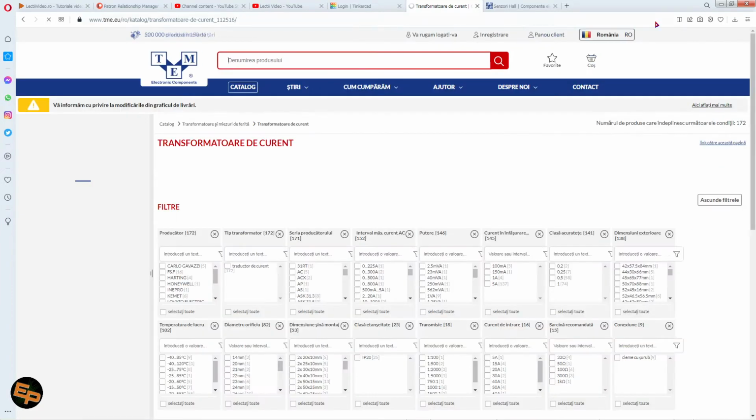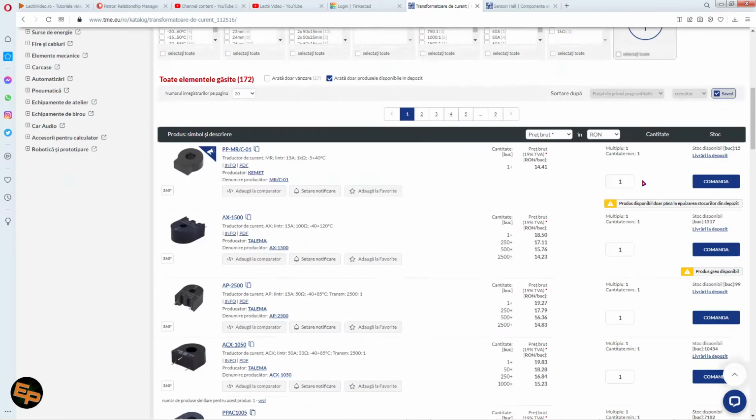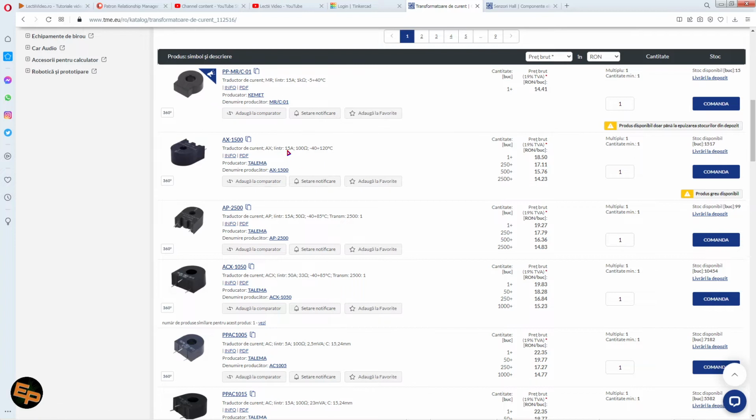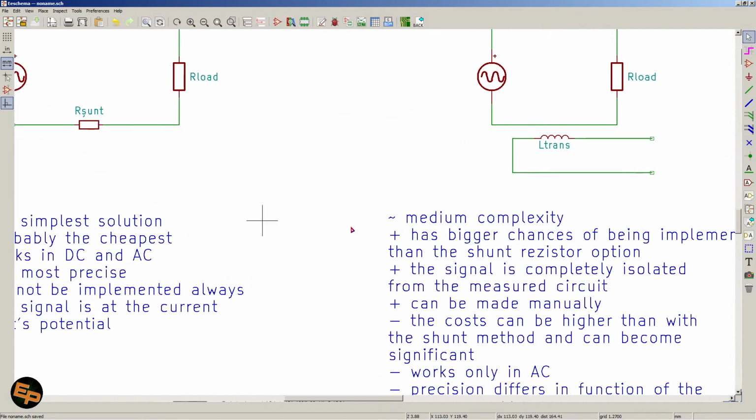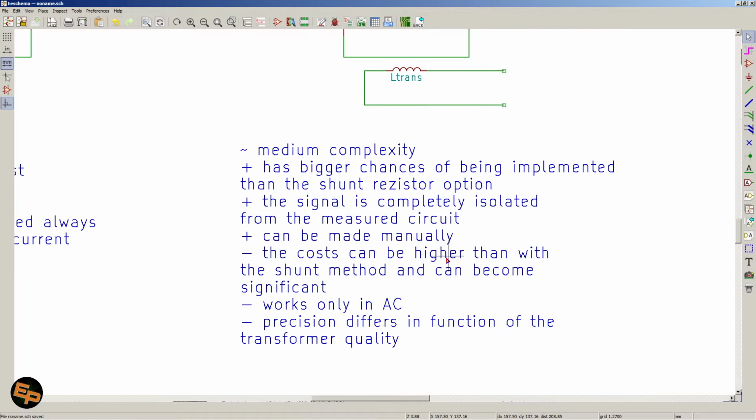Anyway, of course I've ignored all the other specifications which do matter, but the idea is that the costs, depending on the situation, can definitely be higher than the shunt resistor method, which requires basically only a resistor.